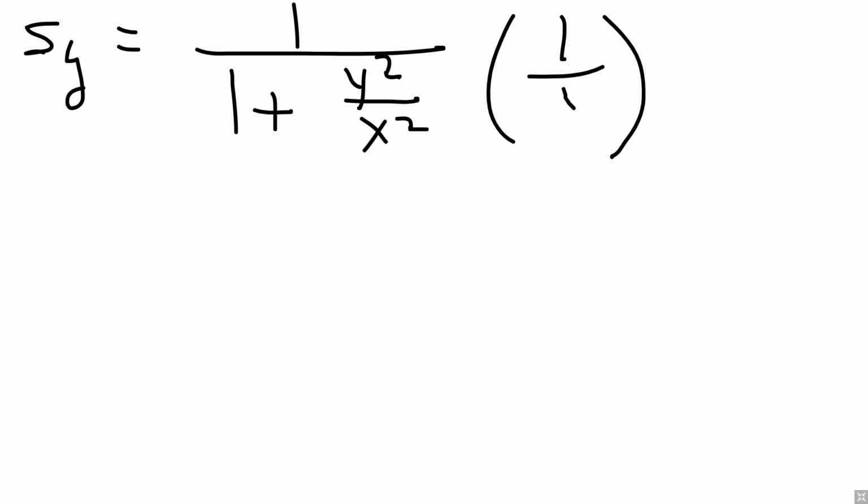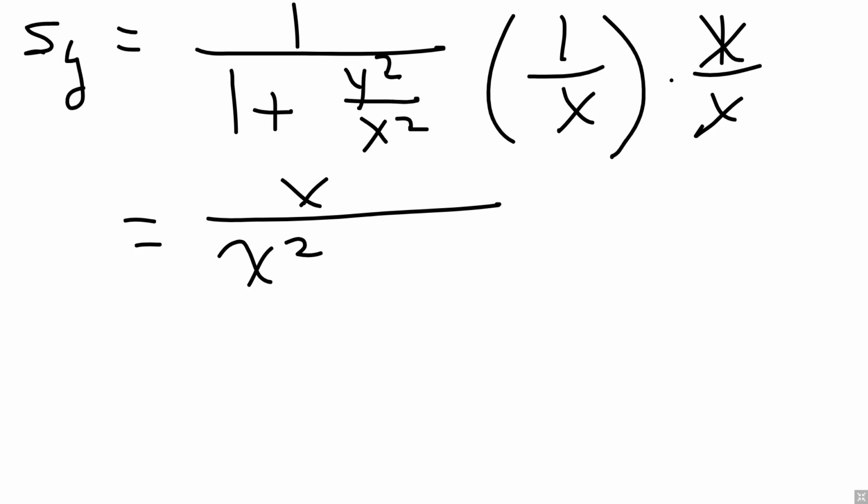Okay, so I'm going to do a little bit more multiplication here and multiply by x over x here, so I can get rid of the complex fraction. So if I multiply this out, I'm going to end up with x over x squared plus y squared. Okay. Any questions there?